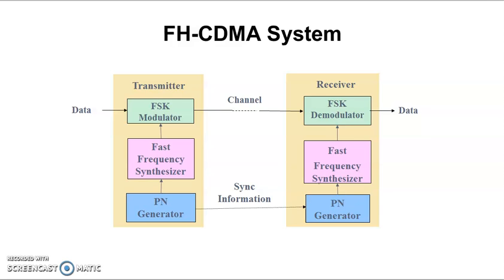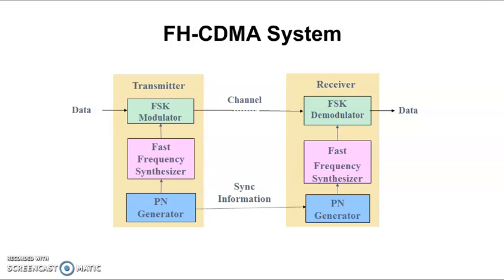The frequency hopping carrier is generated with a fast frequency synthesizer, and the PN generator provides the control data for the fast frequency synthesizer.